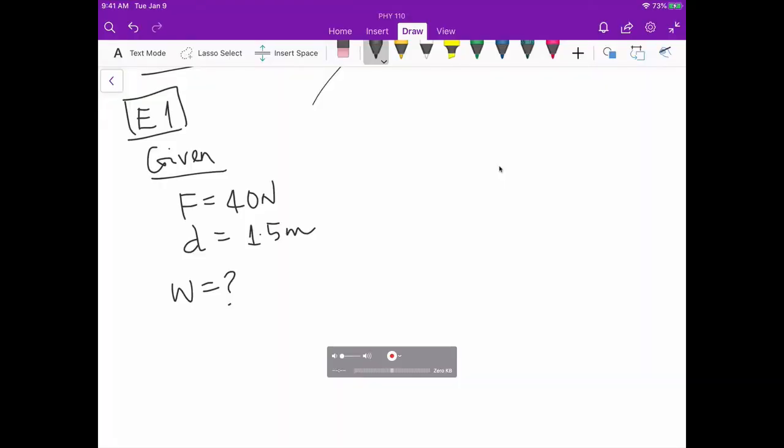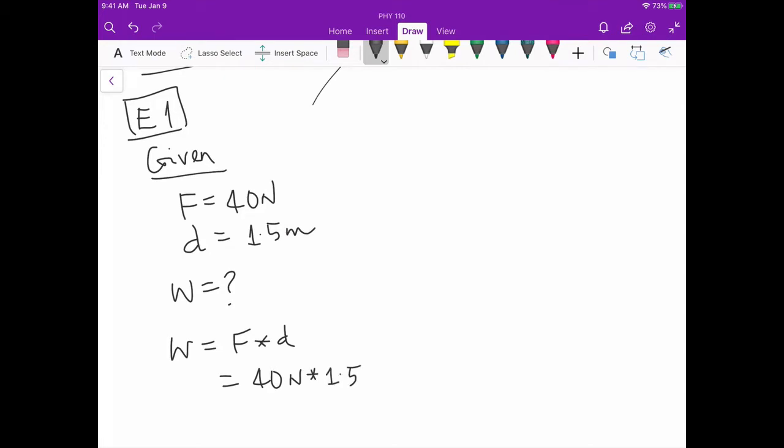So work done is equivalent to force times distance. Your force is 40 Newton and your distance is 1.5 meter. Then work done is going to be 60 Newton meter. And this Newton meter has a special name known as joule.